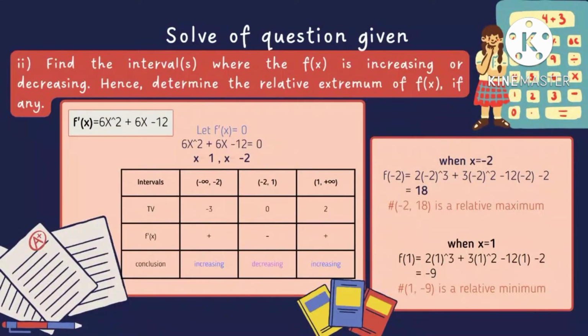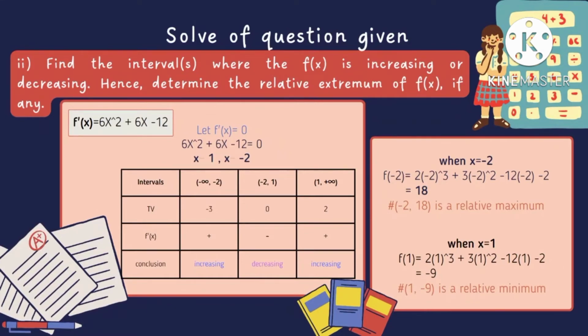Second question: we need to find the interval where f is increasing or decreasing, and hence determine the relative extremum of the function, if any. So here we need to let f'(x) equal 0. So here we will get x equals 1 and negative 2.